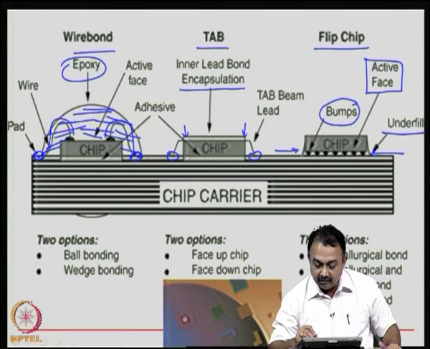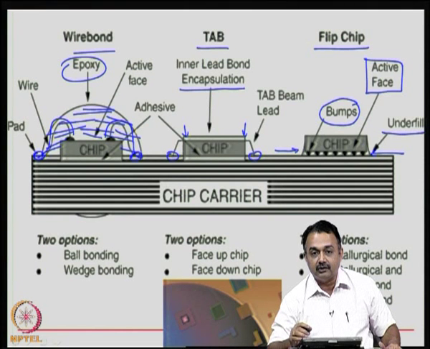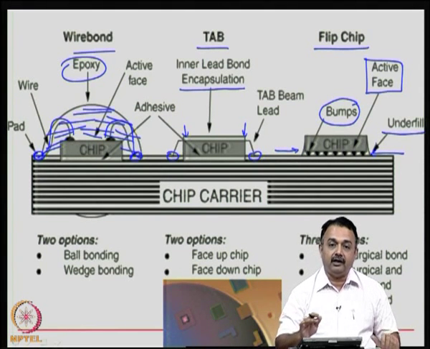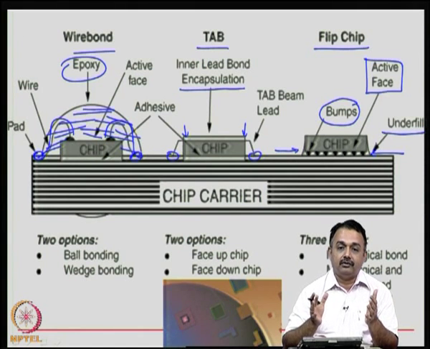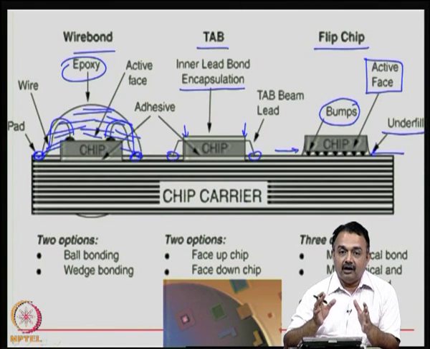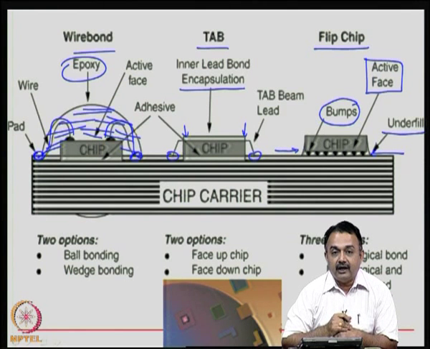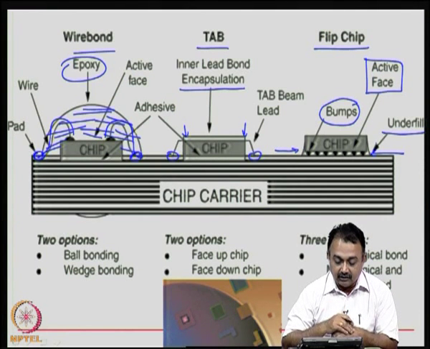Now, this area between the die and the substrate has to be covered, that is the only area that is open. You can use a process called underfilling to fill up that area, so that the entire die and the substrate together in unison are protected. Okay. So, these are the encapsulation or protection methods used for wire bond, tab and flip chip.